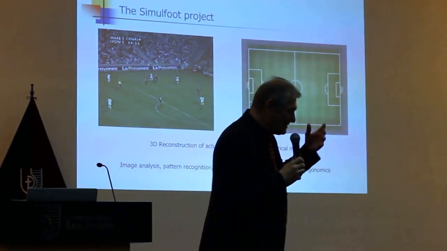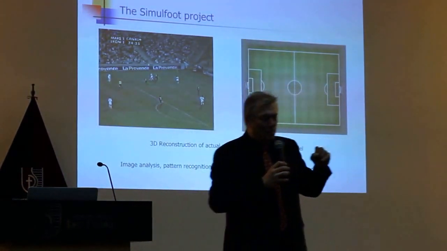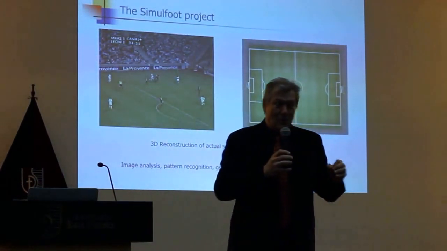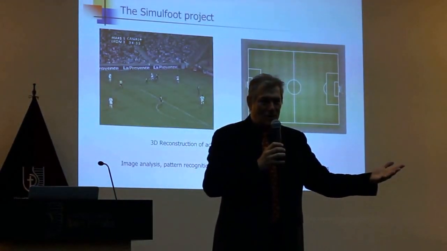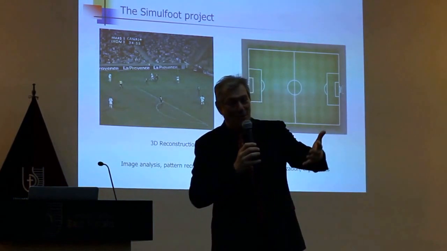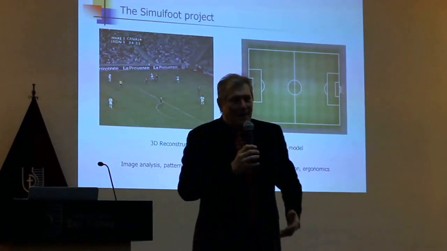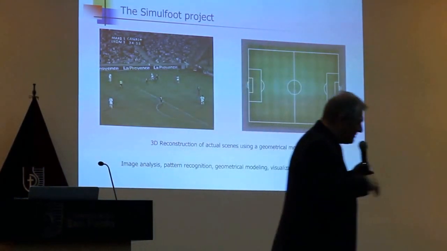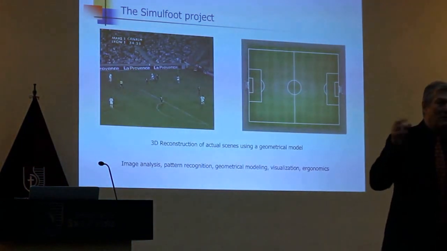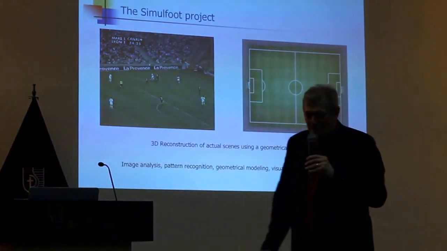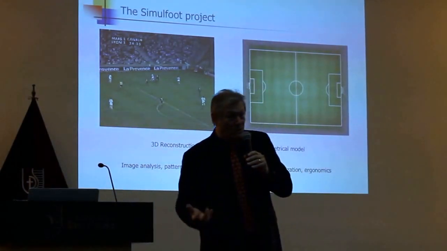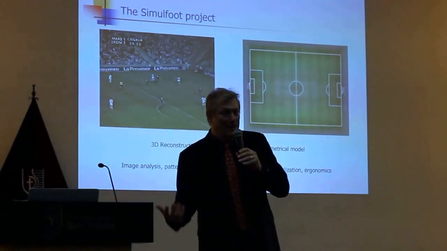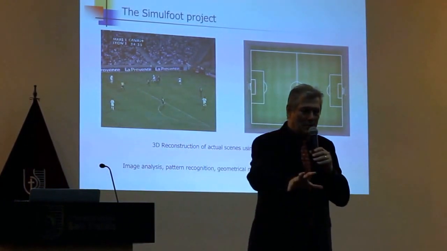Then, once we find the location of the players, we need to make the image match with the model. There is a property, I will not give details on that, that a video camera gives a projective projection, what we call a projective transformation of a 3D model.